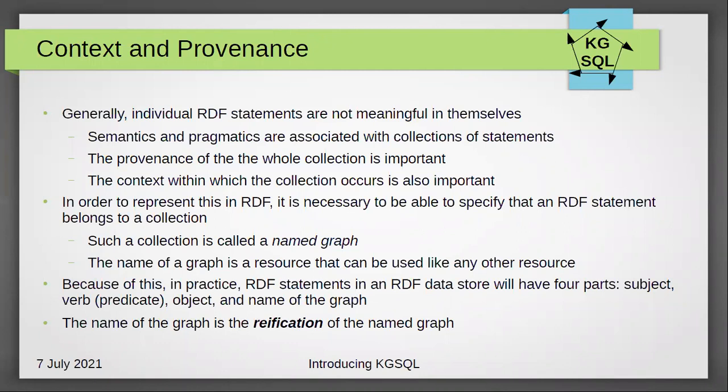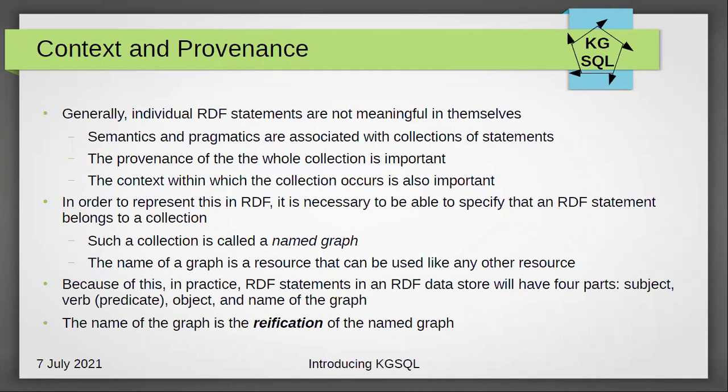So it's the provenance of the whole collection that's important, not just provenance of individual statements. And of course, you need to be able to specify things like context as well. In order to represent this in RDF, you need to be able to specify that an RDF statement belongs to a collection. And they have that feature. It's called a named graph. So the name of a graph then can be regarded as the reification of this collection.